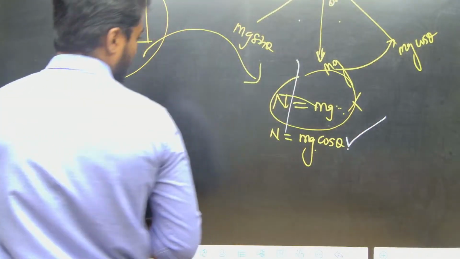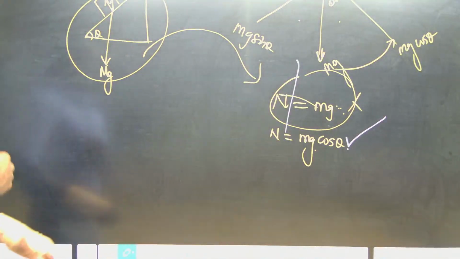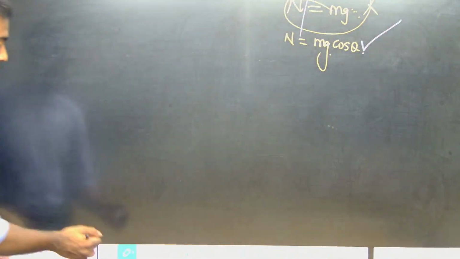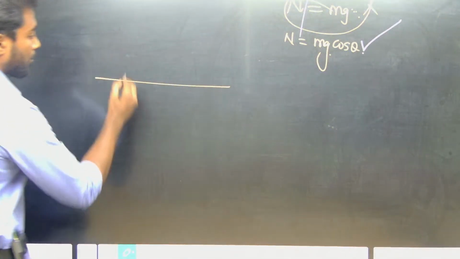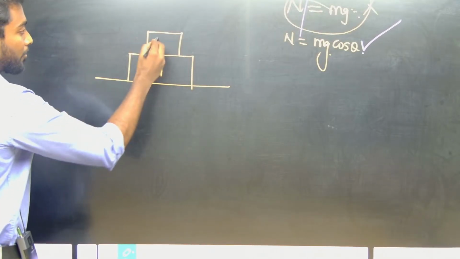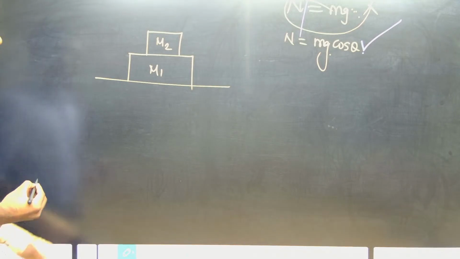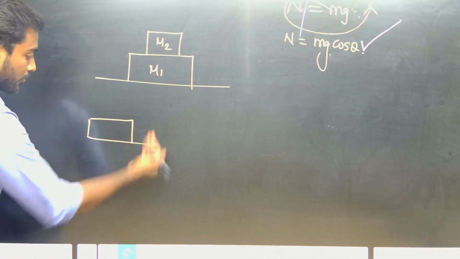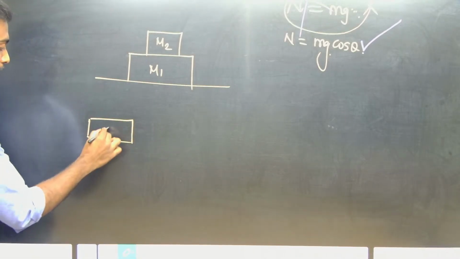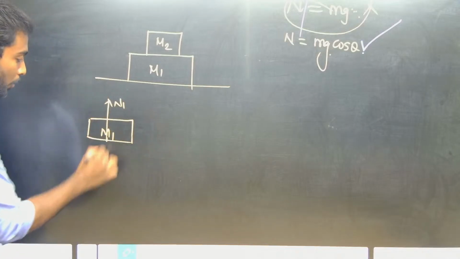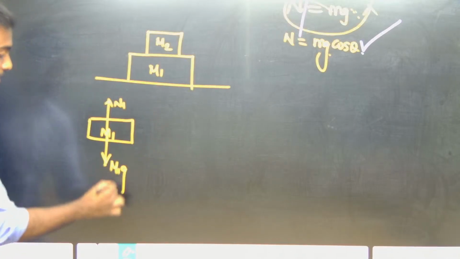Got it? Now what about the diagram when they have given blocks one upon the other? So this is my m1, this is my m2. For m1, I take one normal force, that is n1 from the ground, and one weight, that is m1g.